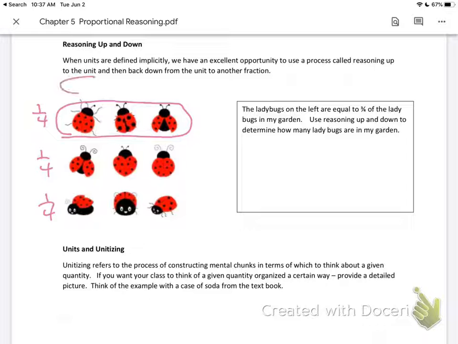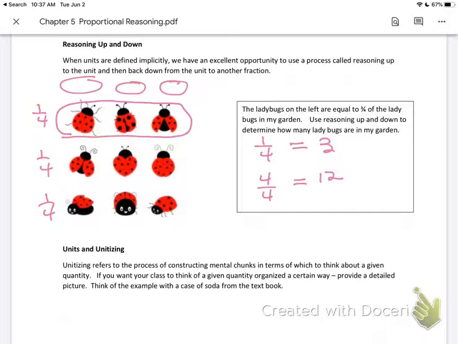Well, I'm going to add another 1/4. So if I add 3 more ladybugs to the already 9 that's there, that is going to give me 12 ladybugs. So what I did was I reasoned down to 1/4 of the ladybugs ends up being 3 ladybugs. Therefore, 4/4 will be 3 times 4, or 12 ladybugs.